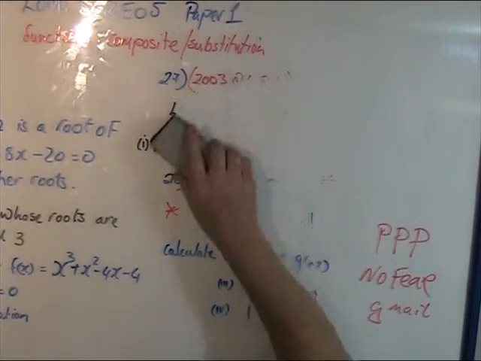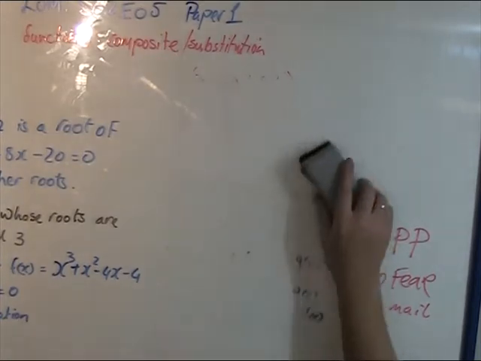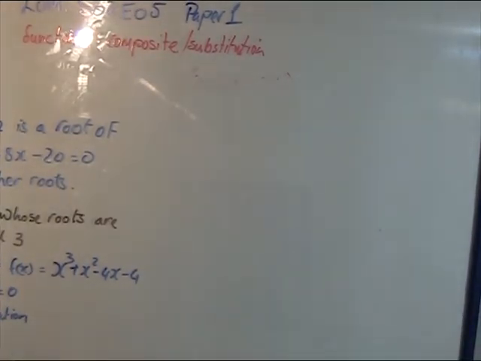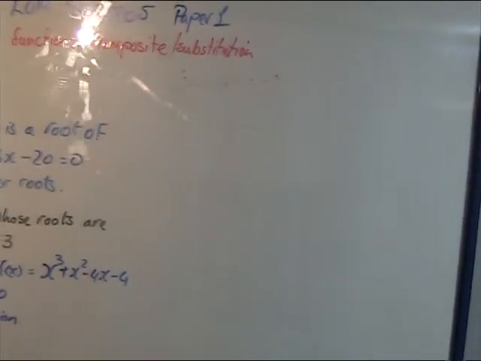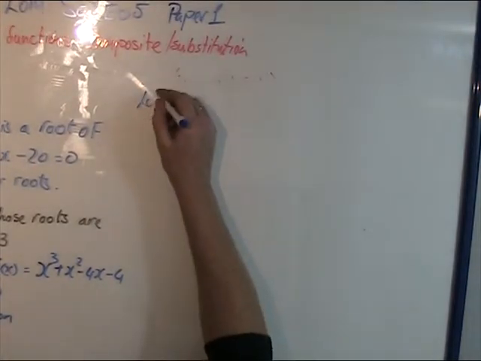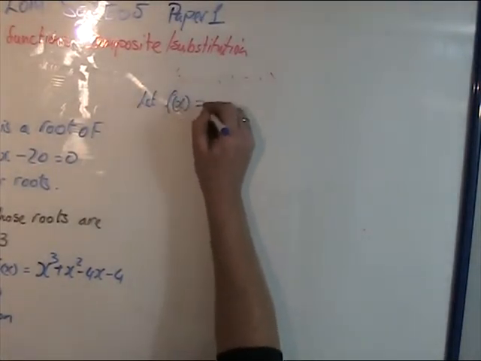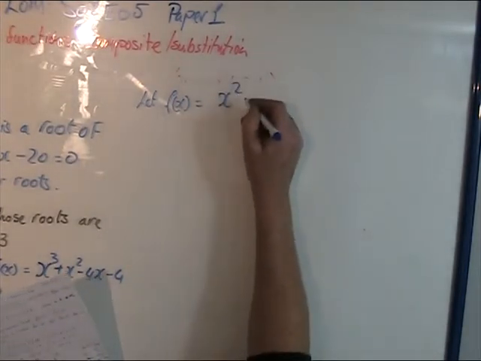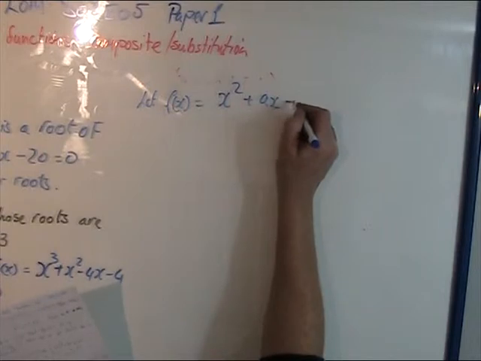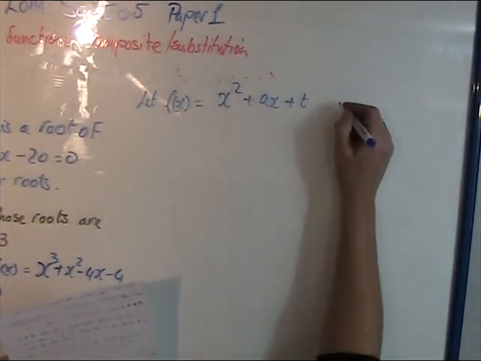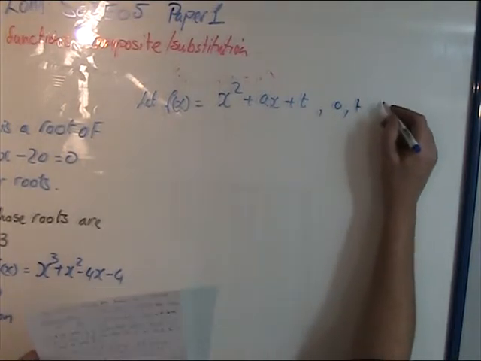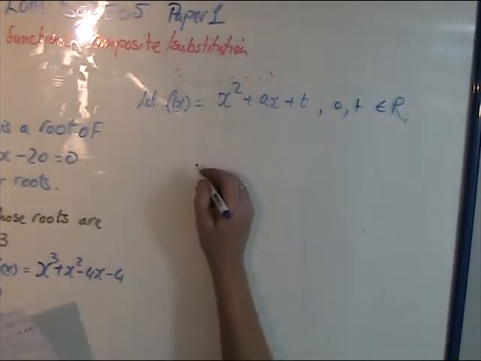Now I'm going to show you how to do a couple of questions. So we have a question come up and it says let f of x equal x squared plus ax plus t, where a and t are elements of R, real numbers.